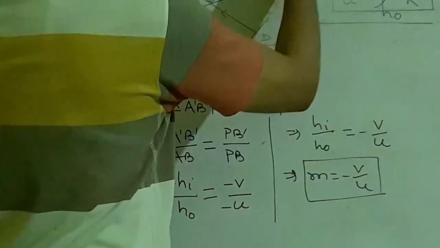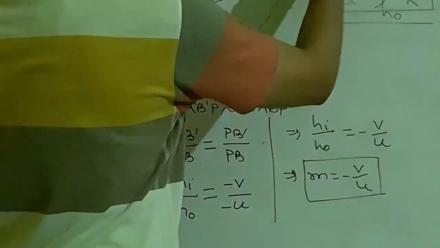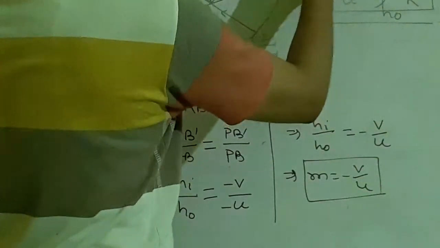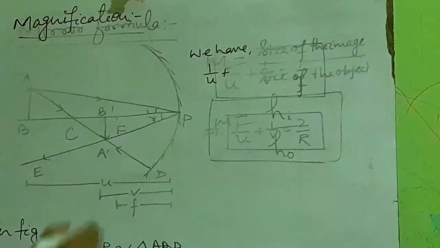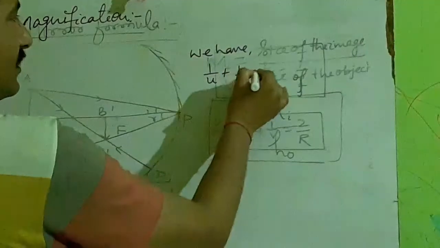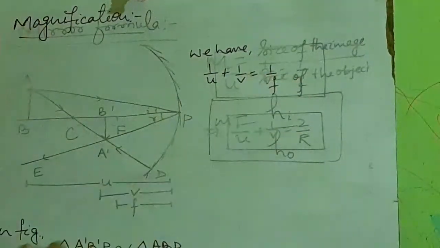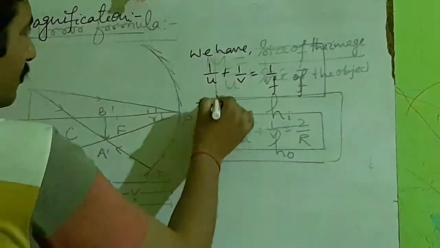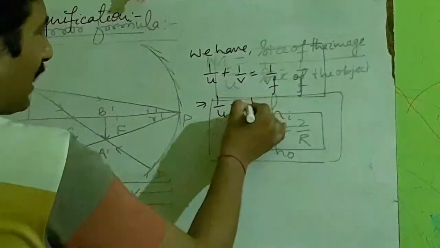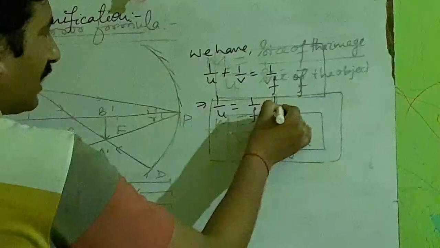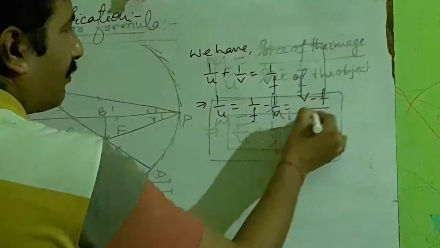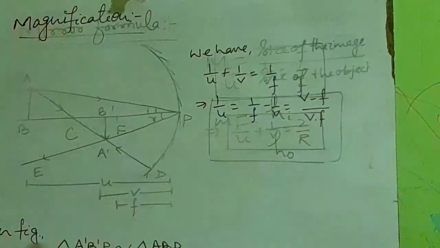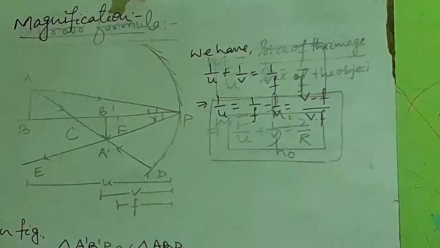We have 1 by u plus 1 by v is equal to 1 by f. This is the mirror formula. From here, 1 by u will be equal to 1 by f minus 1 by v. This is v minus f by v into f.